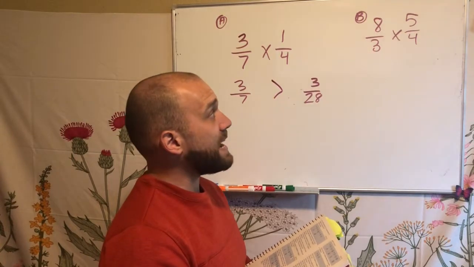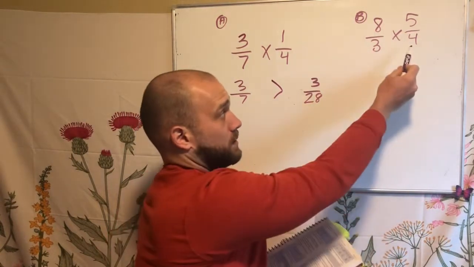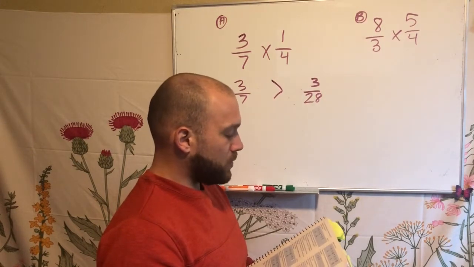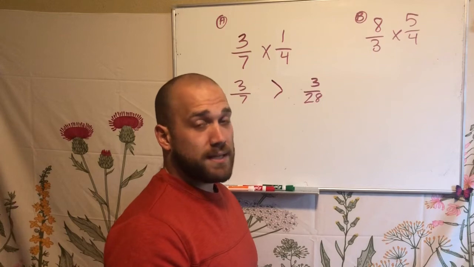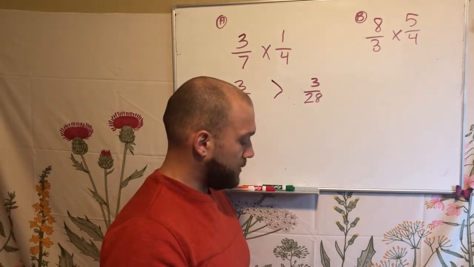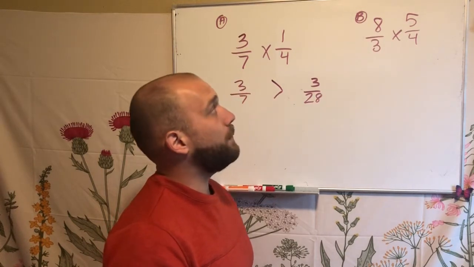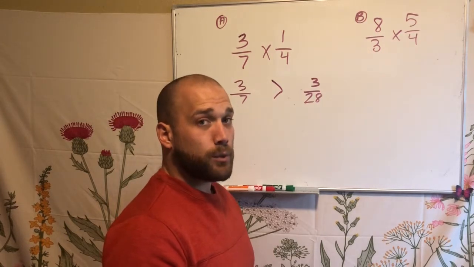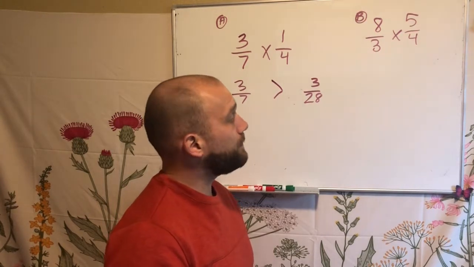You're multiplying 8/3 by 5/4. So, do you end up with more than 8/3 or less than 8/3 when you multiply these two numbers together? You end up with more than 8/3. So, copy the problem now on a piece of paper and work it. Pause the video and resume when you're ready to check your answer.